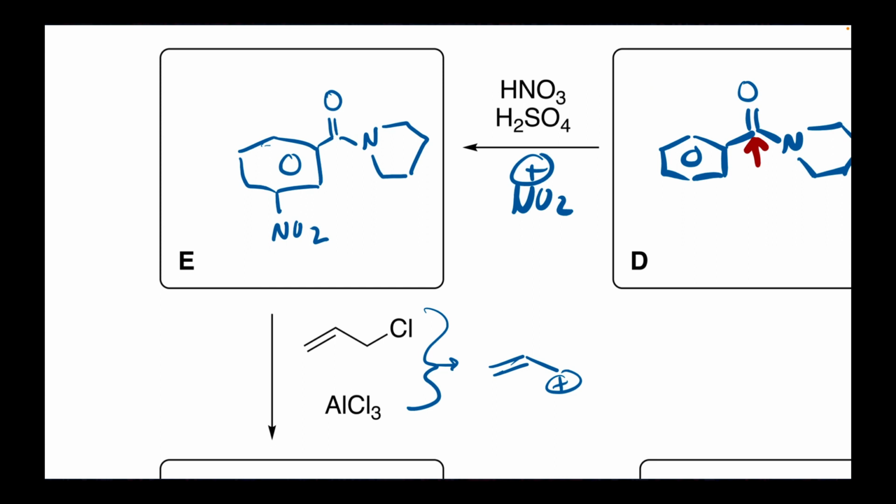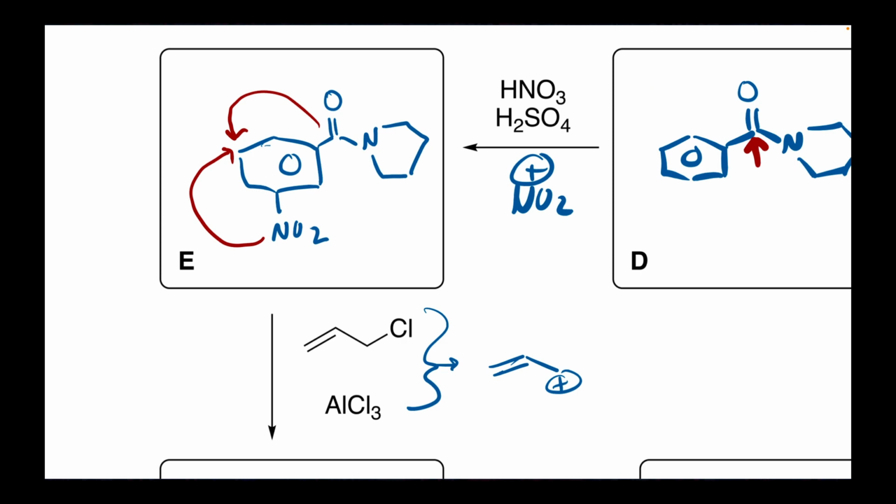And so that's the group that adds, the 3 carbon group is going to add to the benzene ring. And what position will that go? Well, if this is a meta director, that's going to direct to that position. So we're going to put the alkyl, the carbon group, on that position.